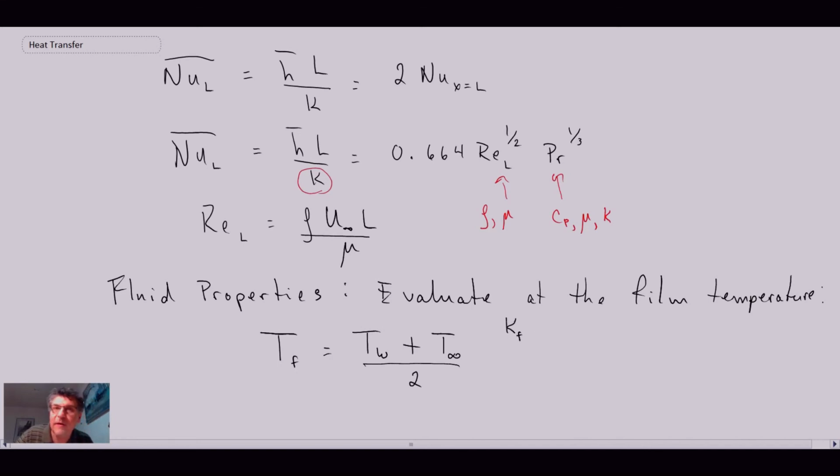Sometimes you'll denote it with k with a little f, and that denotes film, properties evaluated at the film temperature. So we have there the thermal conductivity of the fluid over the plate, the viscosity with the little f denoting film, meaning that it's evaluated at the film temperature. And finally the density, same thing.